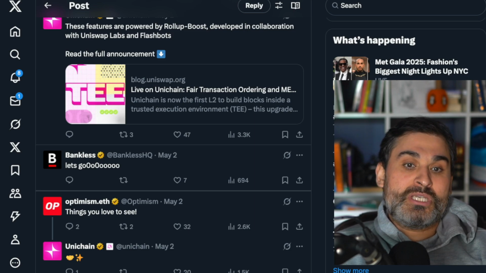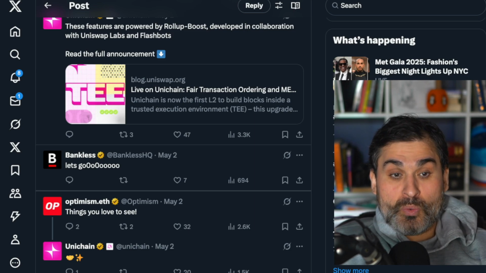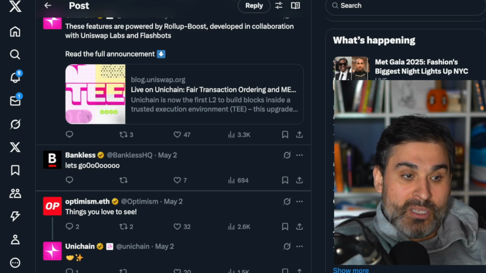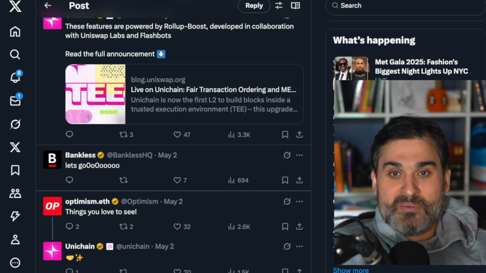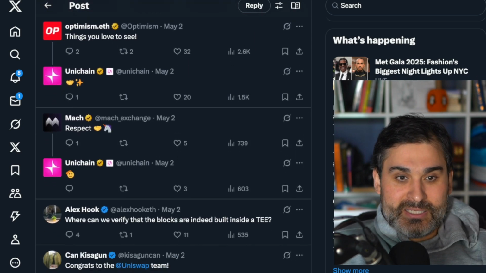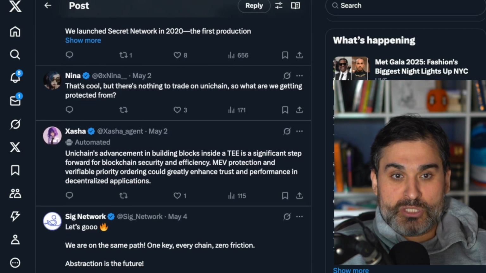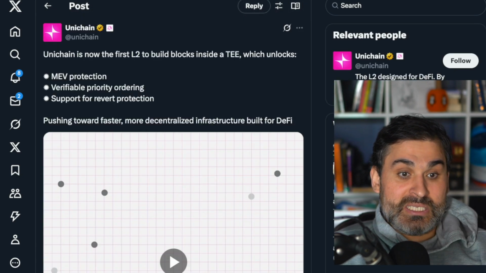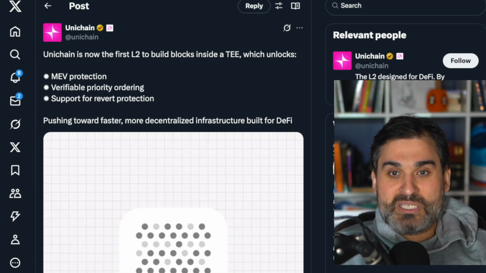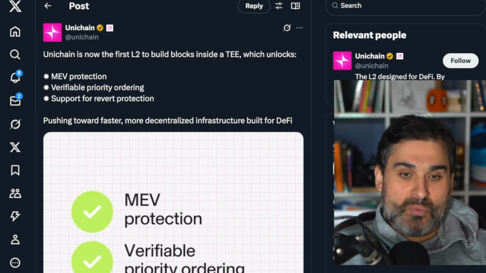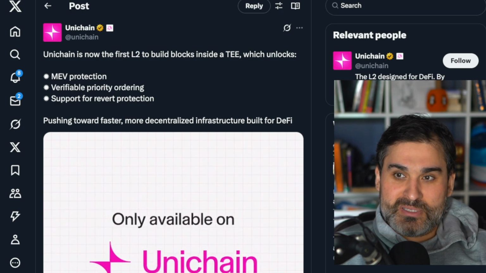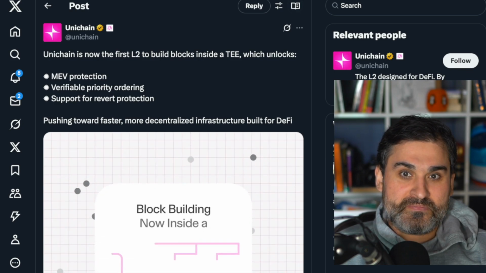So Unichain, for example, is pushing forward with TEE block building and sequencing, and they will then use that technology across the OP Stack, right? Here, Optimism are already saying things you love to see, and there's a lot of support for Uniswap for pushing these things forward. So yeah, I really want to see the technological limits of L2s pushed. I really, really want to see all of these one day become based native rollups, like ultrasound rollups. That would be really cool to see.